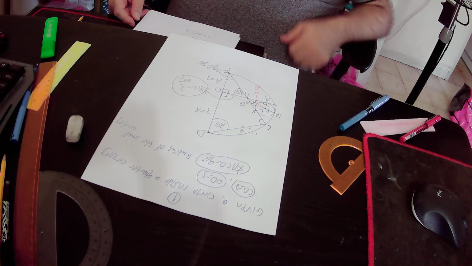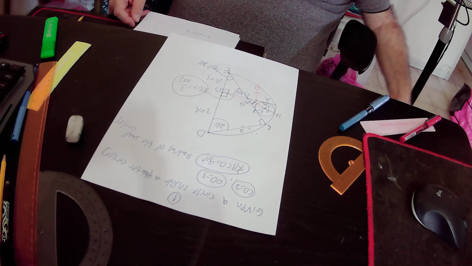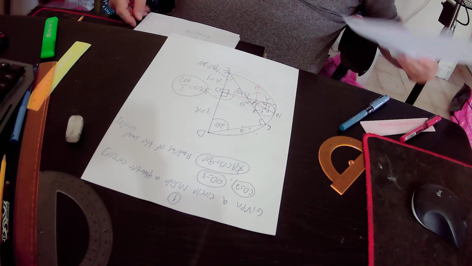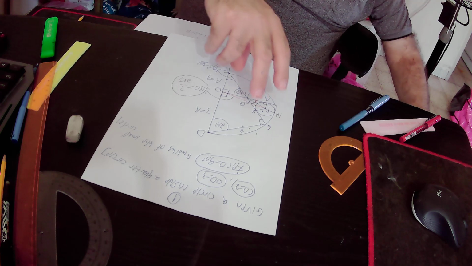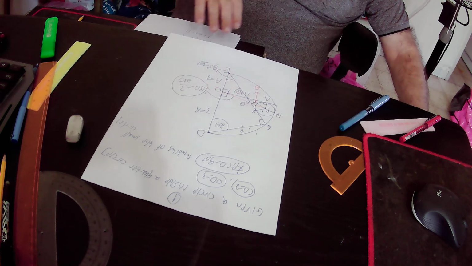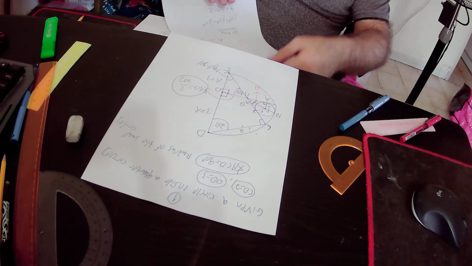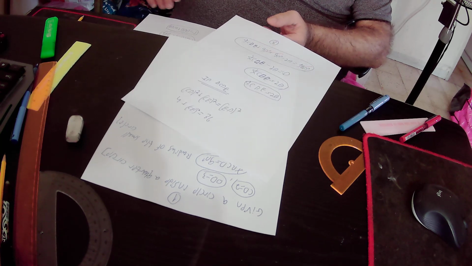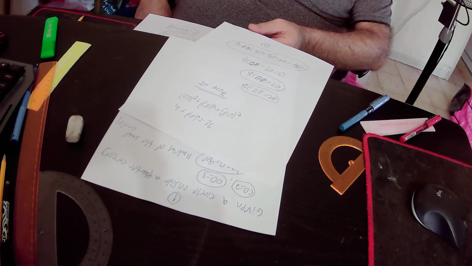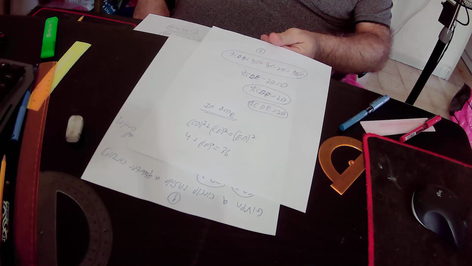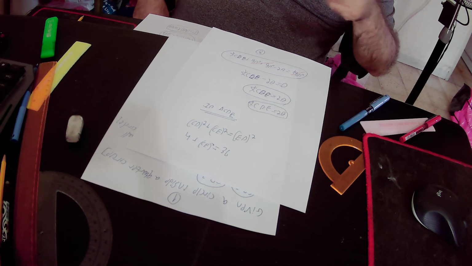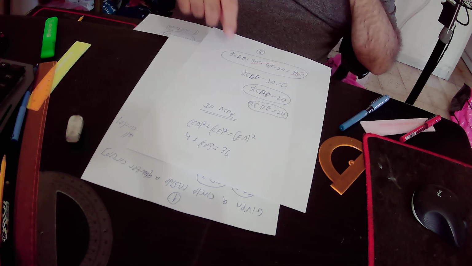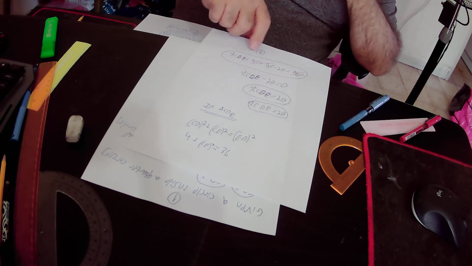And in the right triangle CDE, according to the Pythagoras theorem, CD square plus CE square equals DE square. CD equals 2, so CD square is 4, plus CE square equals DE square.